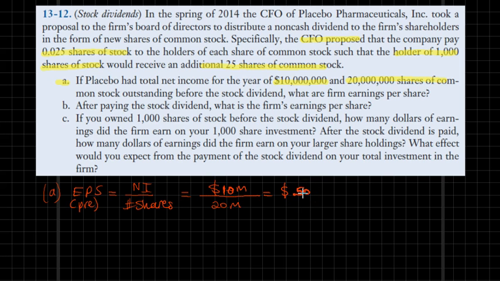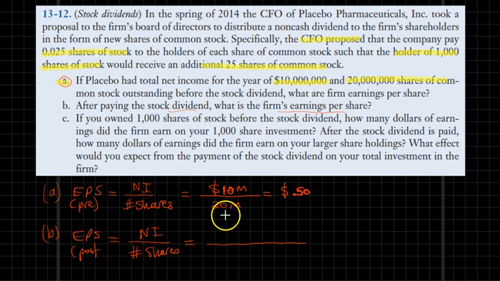Now for part B, we are done with part A. After the stock dividend, what is the firm's earnings per share? It's pretty standard again. Earnings per share after would be net income over the new number of shares. Net income didn't change; we still made $10 million.